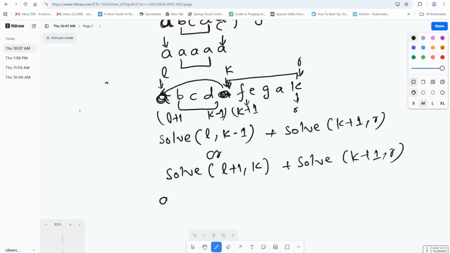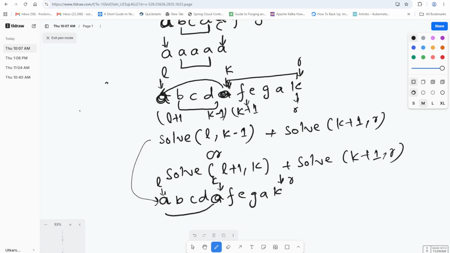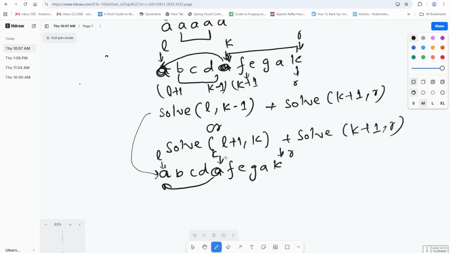Suppose in the first we think A B C D A F E G A K, this is L, this is K, and this is R. In this approach we are printing this A with this A only, so we will not include this A separately in the rest of the calls.